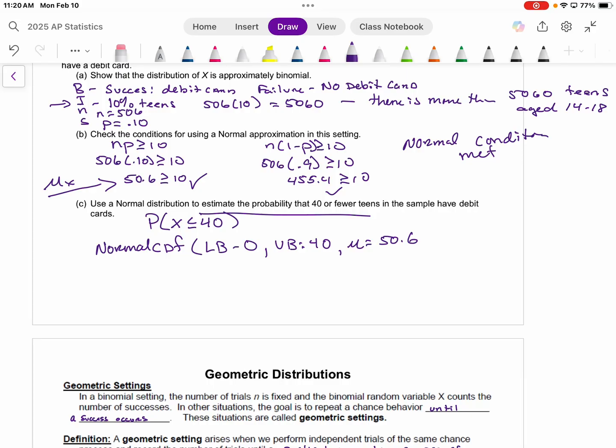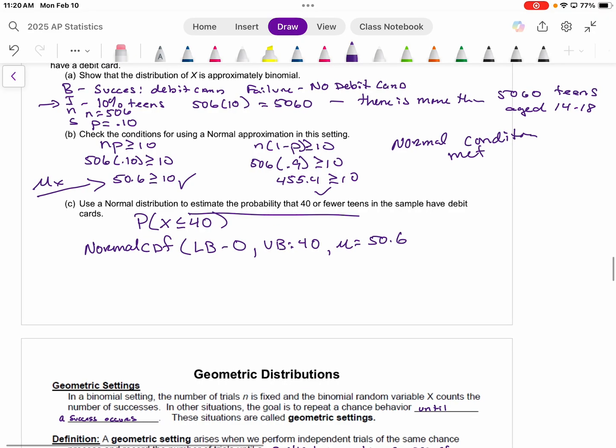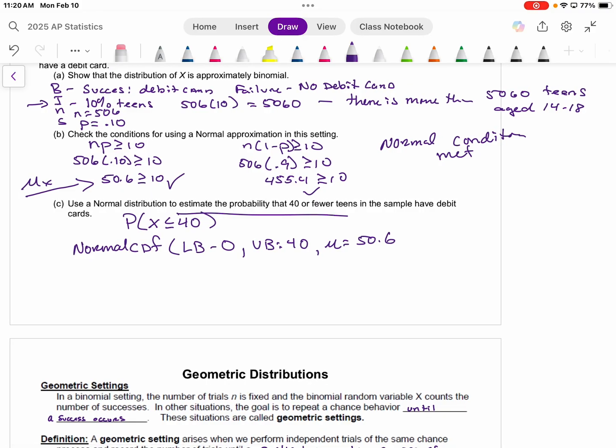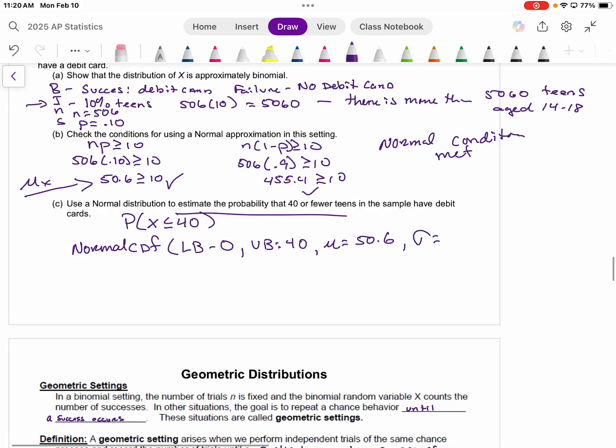I'd make a little note next to it, put like mu sub X there. That way when you go to grab your normal CDF, you don't have to recalculate it. You already got it done. Standard deviation now. We're going to do the standard deviation of, again, 506 times 0.10 times 0.90. Again, you can do 50.6 in there if you want.